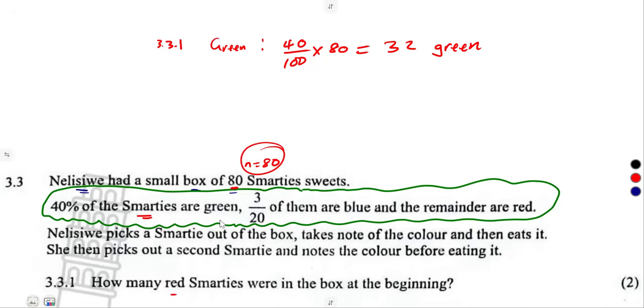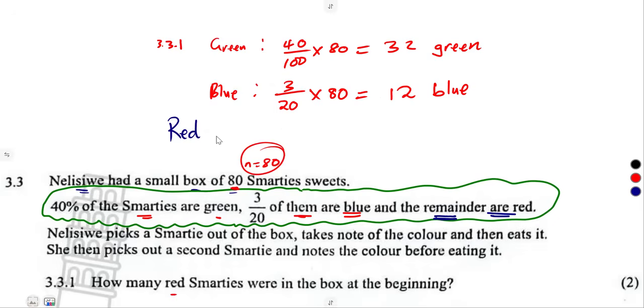Then we move on to the next one, which is the blue. 3 out of 20, 3 over 20 for blue. 3 out of what? Of these 80 sweets that were given before. So 3 over 20 times 80 gives us 12. So 12 are blue. And the remainder is red. What is remaining is our red.